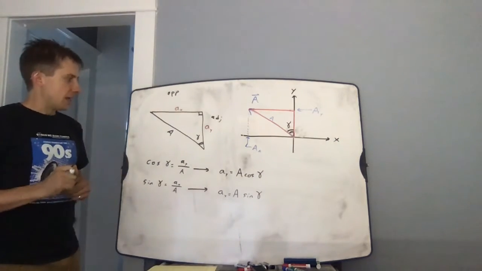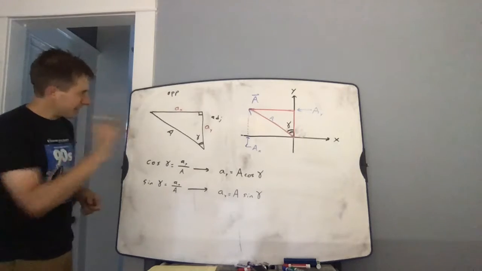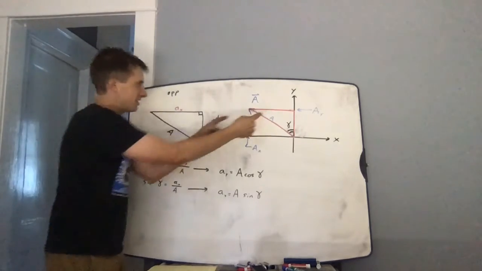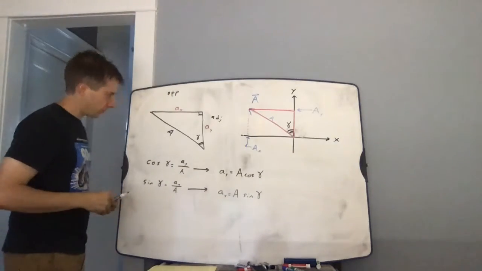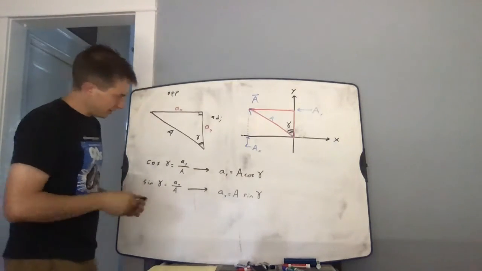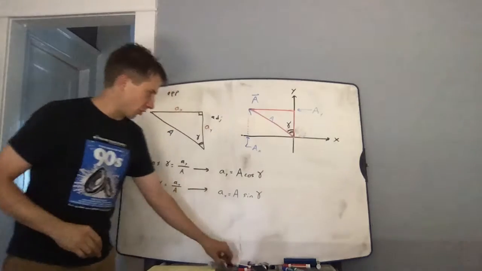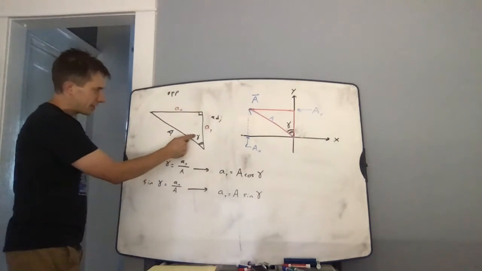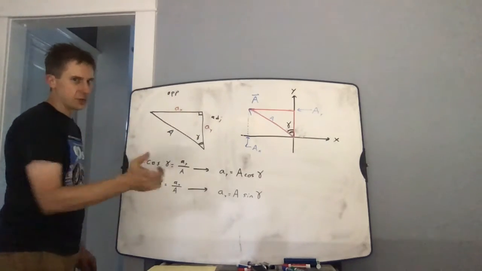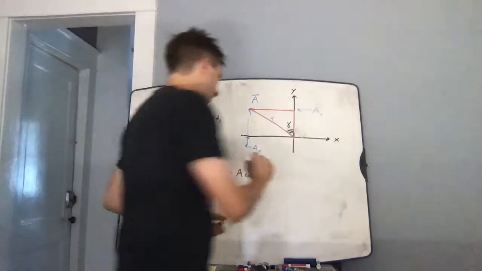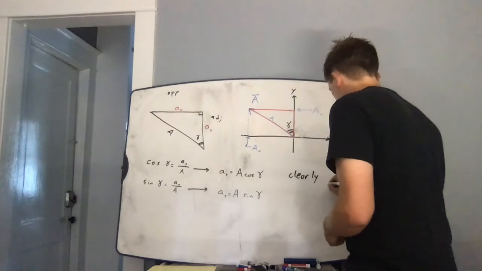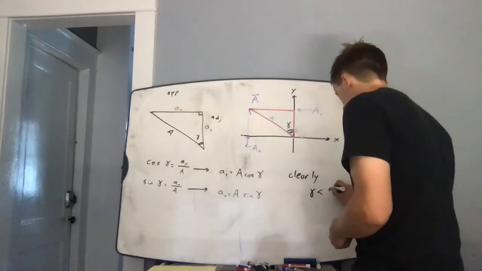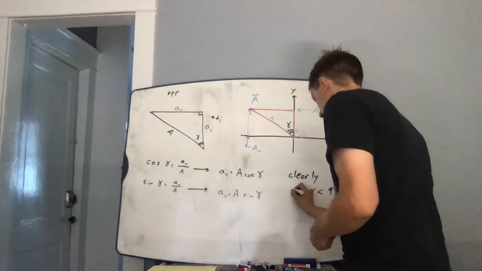Okay, now why did I say this is related to ax? Why did I not just say this is ax? Well, let's look at how we drew this picture. Very clearly, gamma is some angle between 0 and 90 degrees.